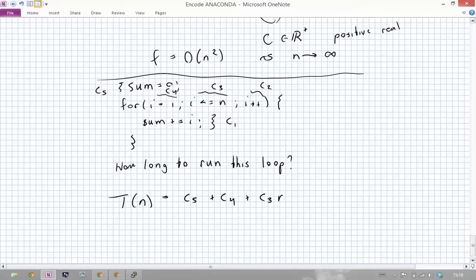Actually, I think n plus 1. It does one check before it breaks out of the loop. Yeah, that's true. Good. C2? And C1? N?